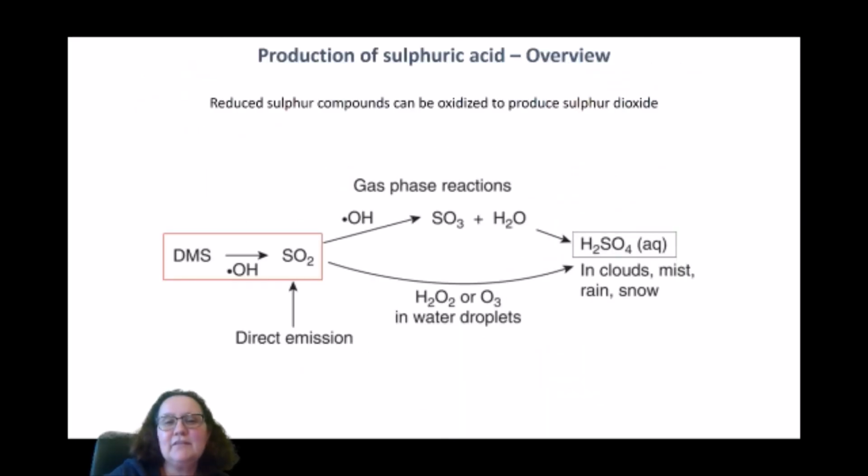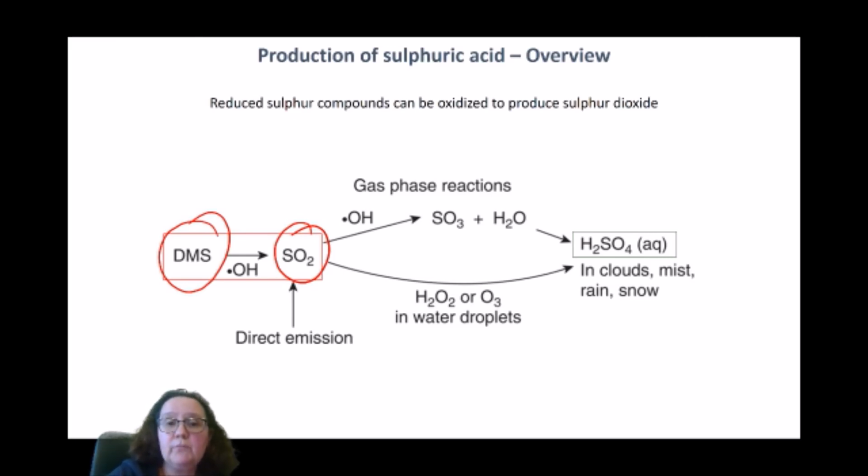So as a summary, sulfur dioxide can be released directly from anthropogenic sources, although there are also natural sources of sulfur dioxide, as I will discuss later, for example volcano eruptions, or by oxidation of sulfide compounds from microbial activity.